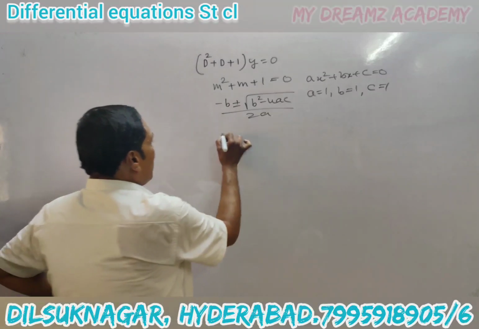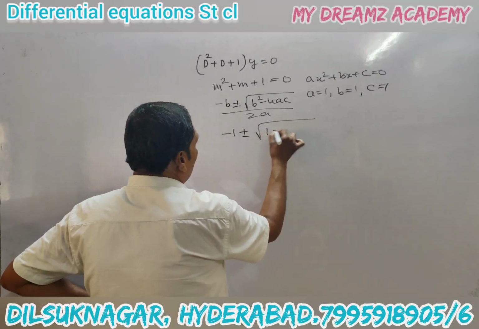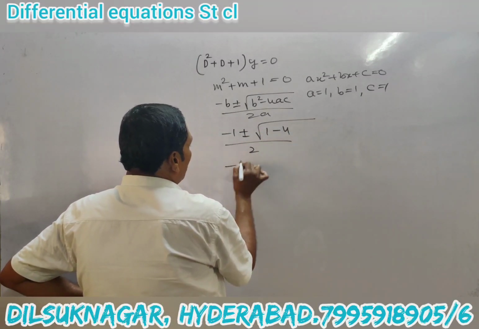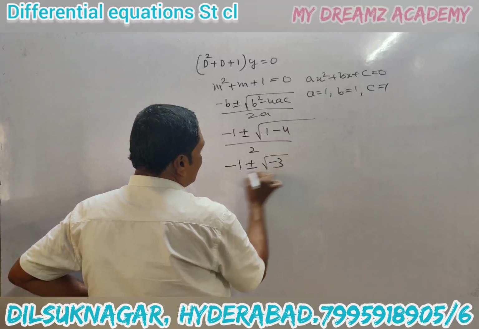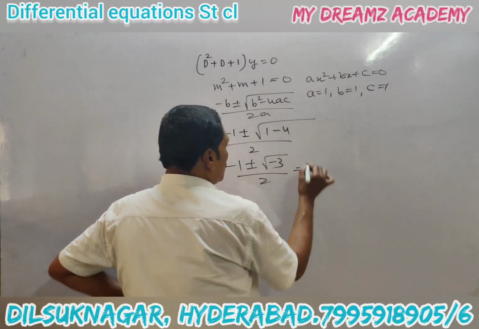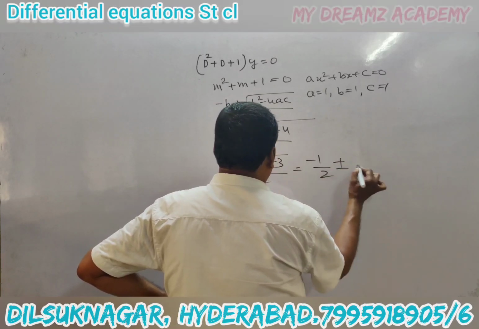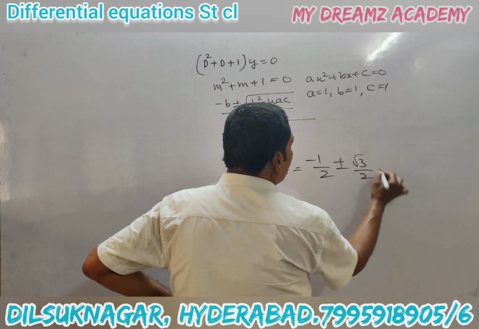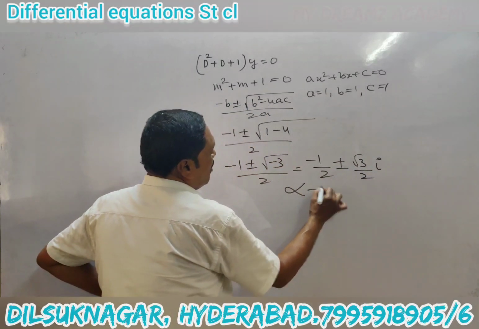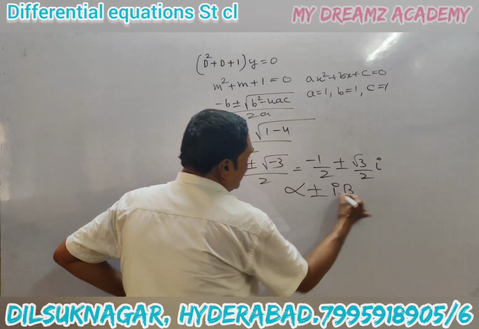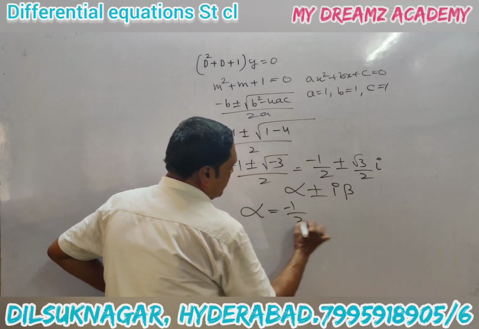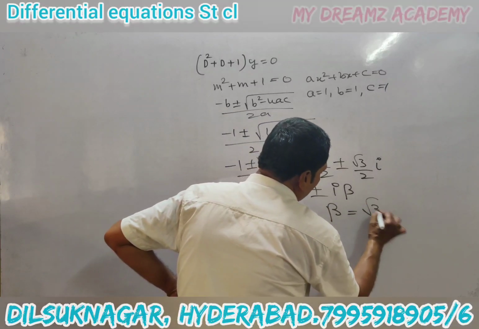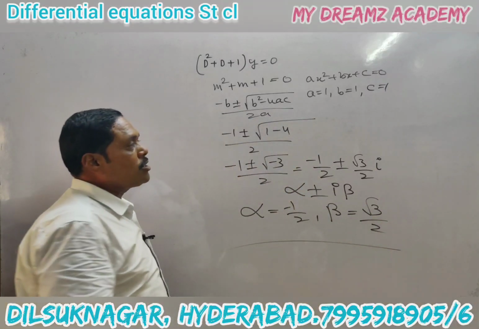Substitute in that: minus 1 plus or minus root of 1 minus 4 by 2a, minus 1 plus or minus root minus 3 by 2a, which is equal to minus 1 by 2 plus or minus root 3 by 2 into i. It is in the form of alpha plus or minus i beta. Alpha is equal to minus 1 by 2, beta is equal to root 3 by 2. Roots are complex conjugate roots.